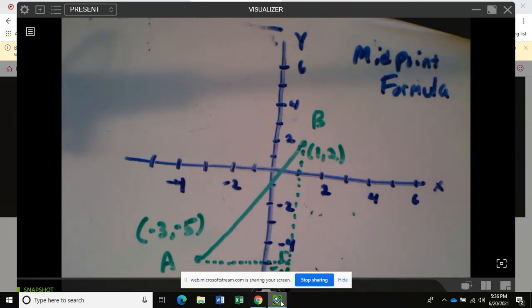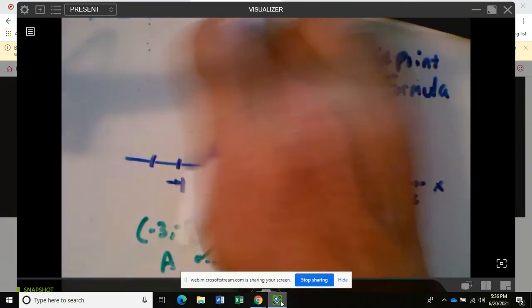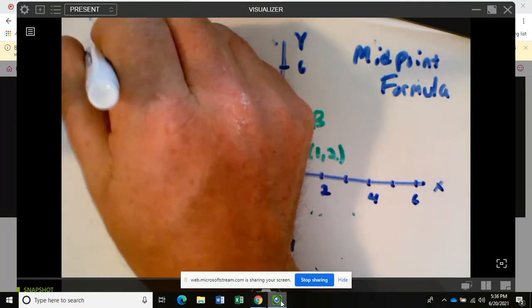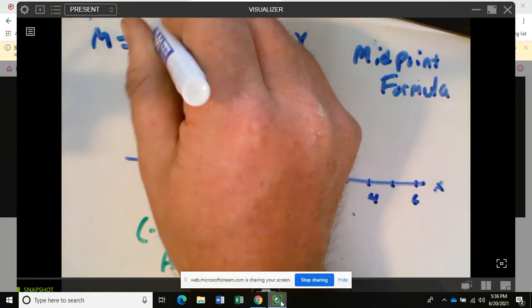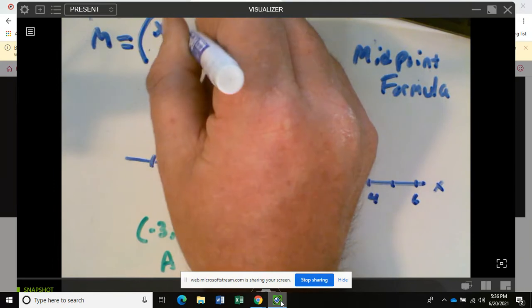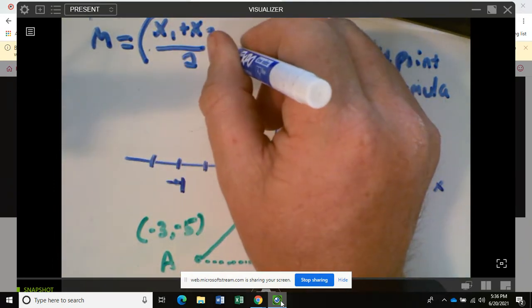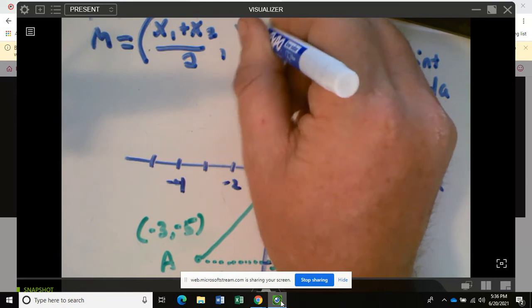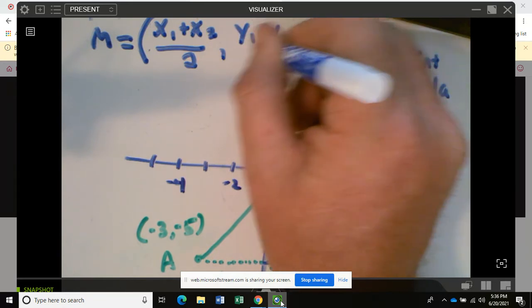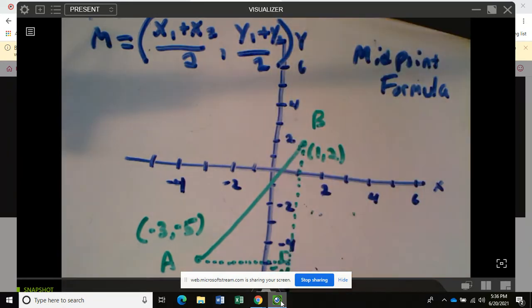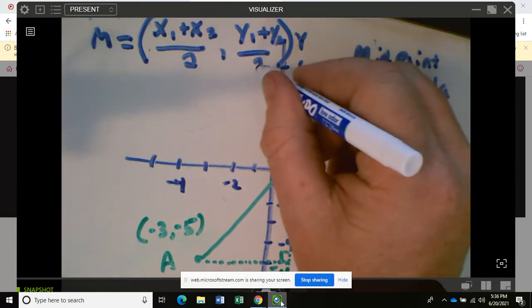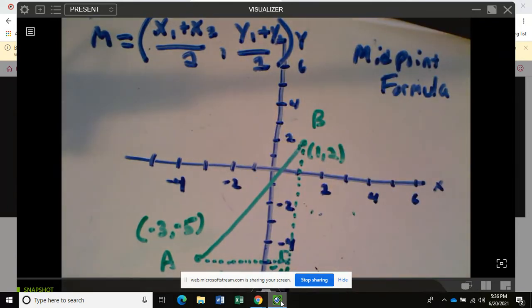The midpoint formula you might have learned before is the midpoint equals x1 plus x2 over 2. And the other coordinate, the y coordinate, is y1 plus y2 divided by 2. And that gives you the midpoint.